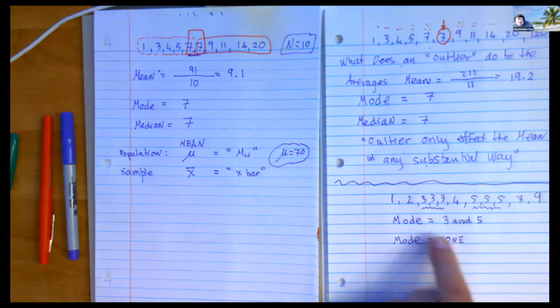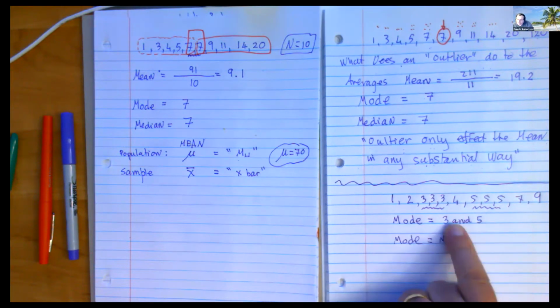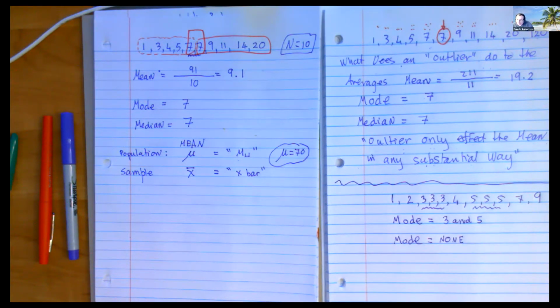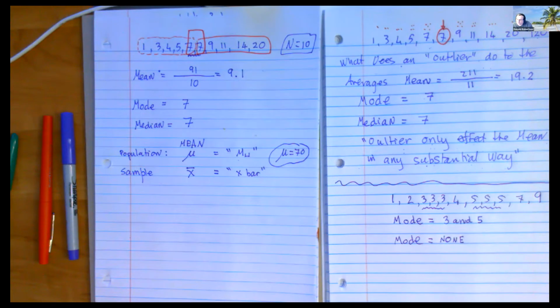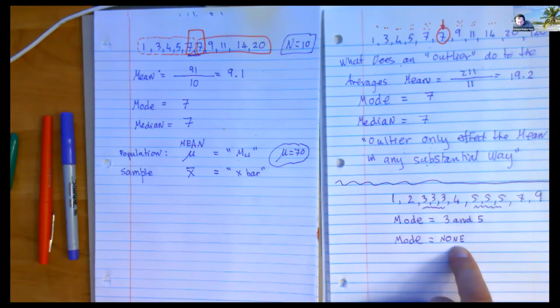In fact, the people who do this version, they even have a rule that you're not allowed to have more than 2 or 3. If you have more than 2 or 3, they say none as well. So it's just about how many modes you need before you decide there isn't a single mode anymore. And so we're going to go by the rule that if there's 2, the answer is none.